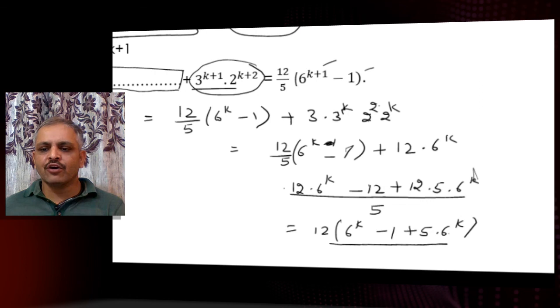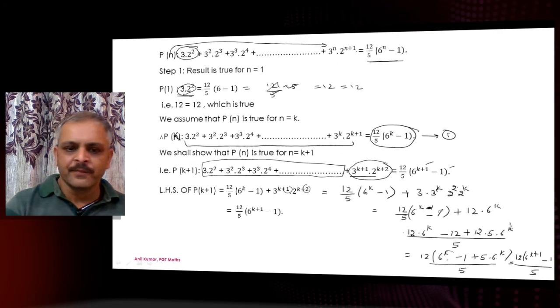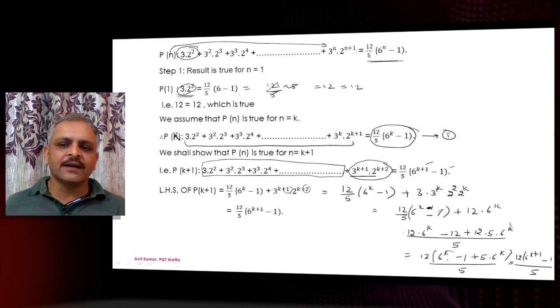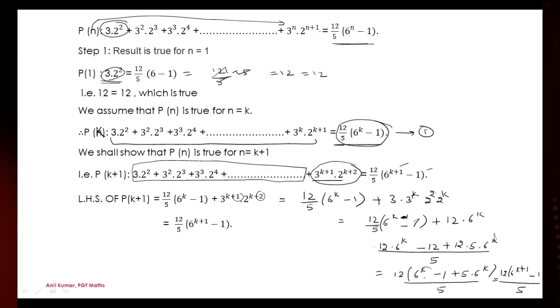Take 6 raised to power k common from these two terms. 12, 6 raised to power k. Here it will be 1, here it will be 5. So into 6, that will make k plus 1 minus 1 by 5. So that is equal to our right hand side, which we have to prove. So this is equal to right hand side.